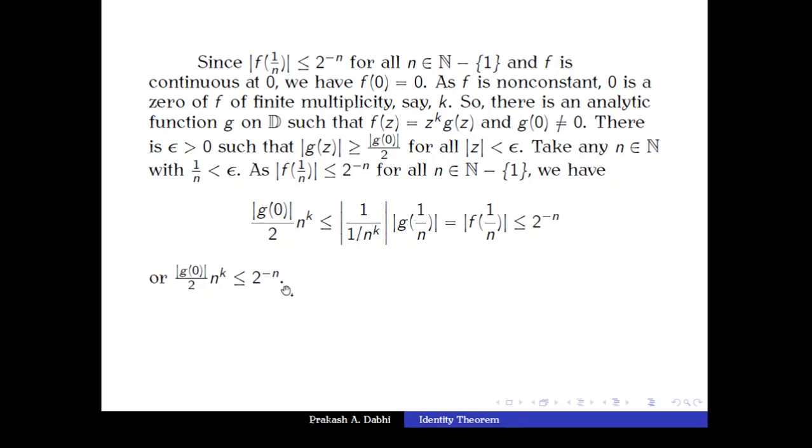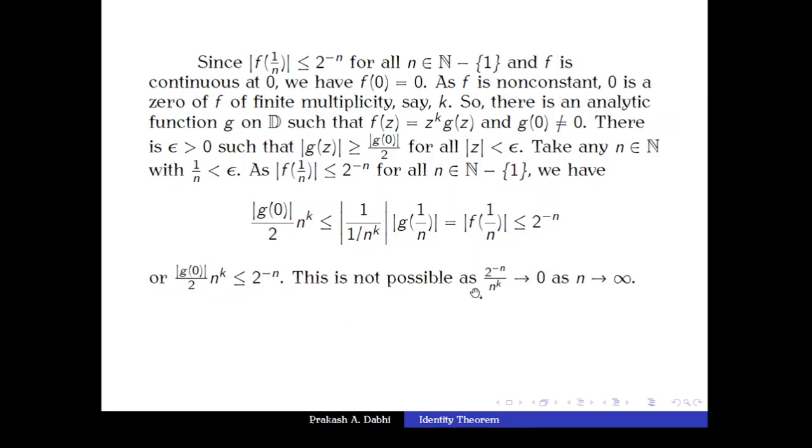Now this is true for which n? This is true for every n satisfying the condition 1 upon n less than epsilon, which means this inequality is true for every large n. But now if we take n power k in the denominator, we are going to get mod of g0 by 2 is less than 1 upon n power k into 2 power n.